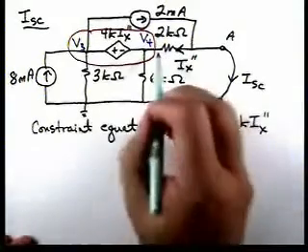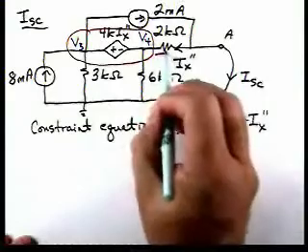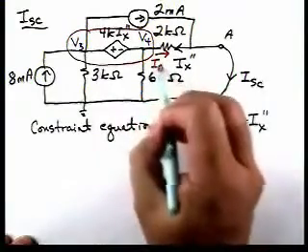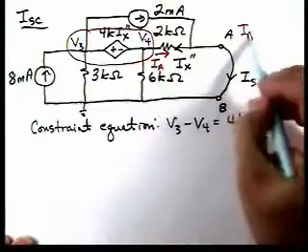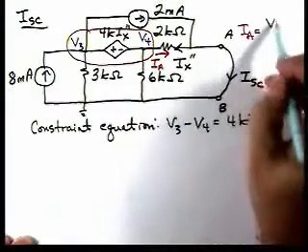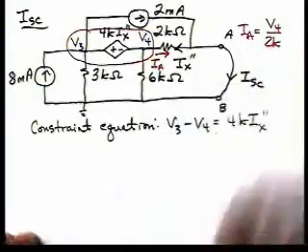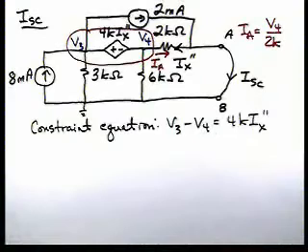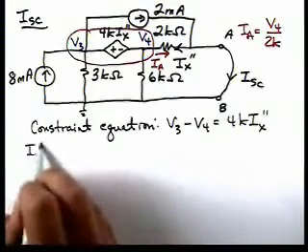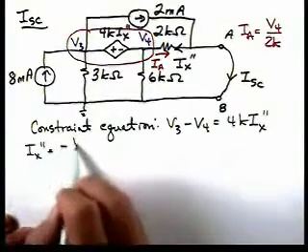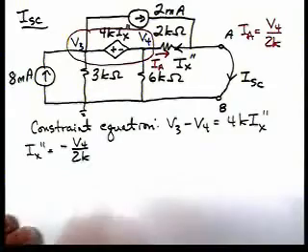Now if I look at the circuit, and if I think about the current flowing in this direction, let's call it IA. IA is V4 over 2K. Notice that IA is defined in the opposite direction of Ix double prime. So Ix double prime is minus V4 over 2K.